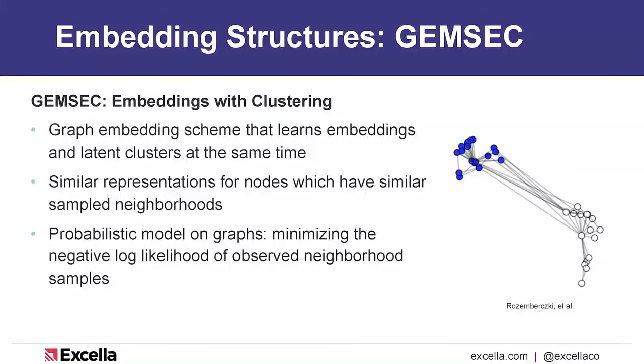For our particular use case here, we use something called GEMSEC. GEMSEC actually came out 4 months ago. It's really interesting because it works on top of a lot of the research that was done on graph embeddings previously, and it learns clusters and embeddings at the same time.